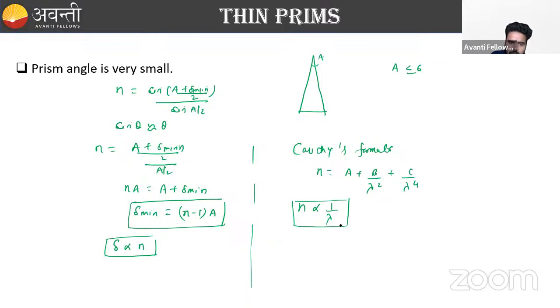So in this manner, what we conclude is that delta, that angle of deviation, is proportional to n, and n is proportional to 1 upon lambda. So we can say that the angle of deviation is inversely proportional to lambda.